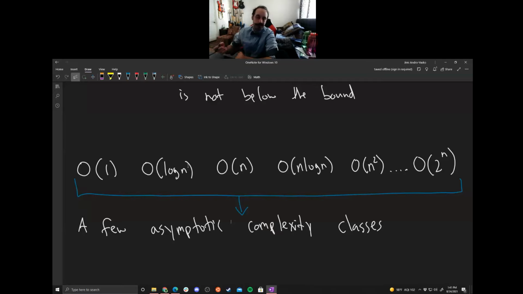Technically that's true, because if the bar is set at O of n squared, then anything at n squared runtime or lower is in that set. However, it's a very bad question to ask. It's like asking, is linear search O of n squared? It's almost like asking, are you shorter than 1 mile? Well, I think you are, but that's not very helpful. It doesn't tell you how short or tall you are.